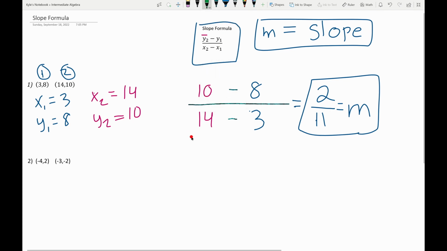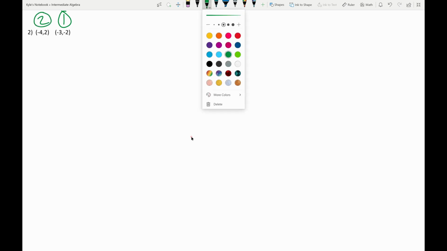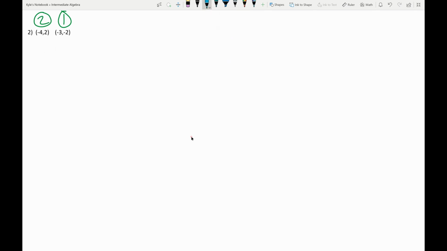So let's get to number 2. This time I'm going to switch it up. We're going to have this as our 1. This is going to be our 2. And for this problem, x2 is going to equal negative 4.